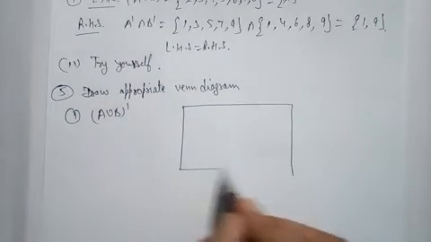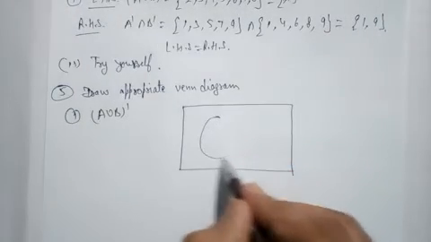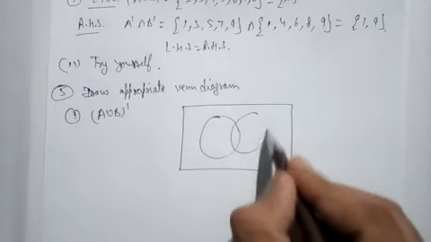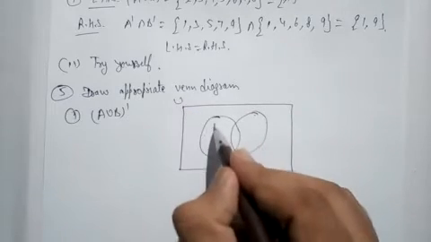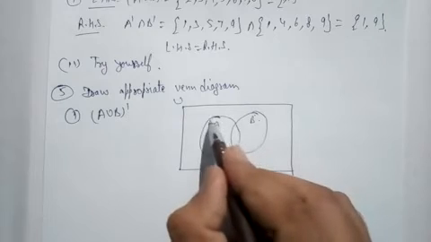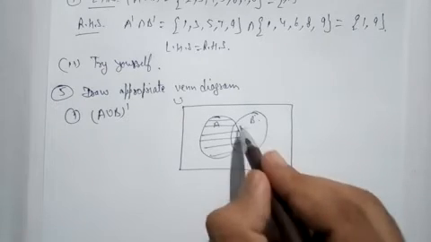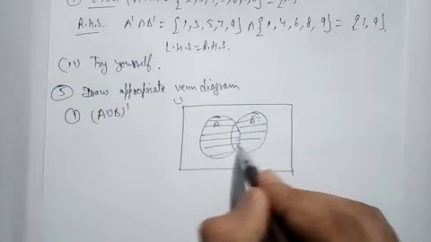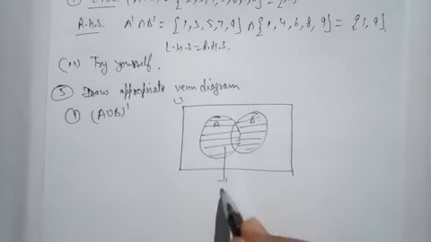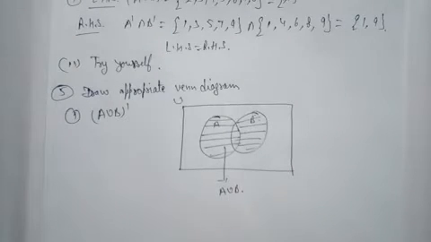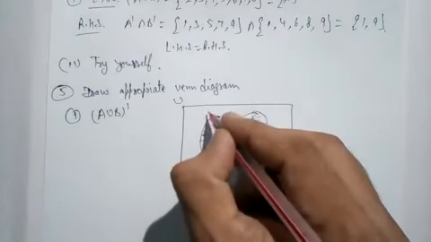This is U set. This is A set. This is B set. U, A, B. So its union is this, which represents A union B, and its complement is the exterior part.